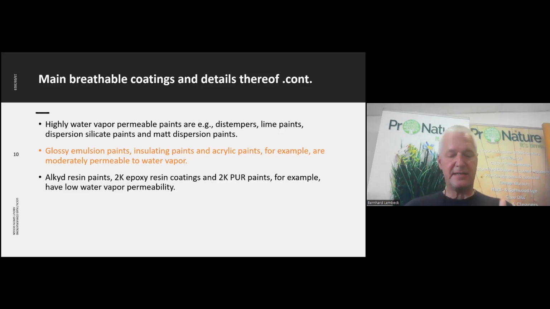Glossy mulch paints and insulating paints and acrylic paints, for example, are moderately permeable to water vapor.